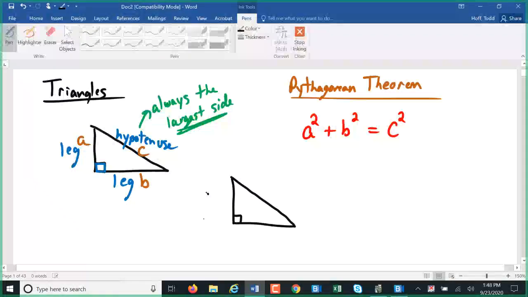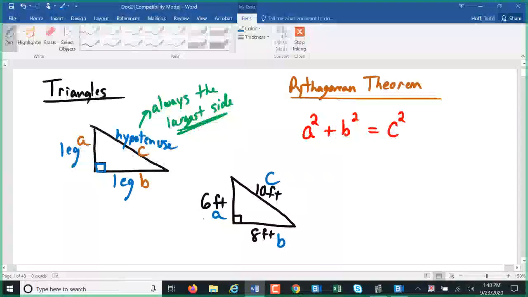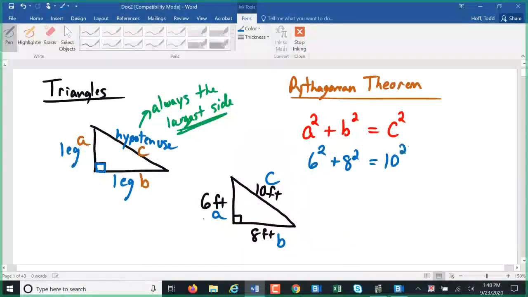So if I have a right triangle here where I have 6 feet, 8 feet, and 10 feet. My legs are the 8-foot and the 6-foot side, so I'm going to call those A and B. My hypotenuse has to be the 10-foot side. That's across from the right angle. So A would be 6 feet, so that's 6 squared. B is going to be 8, so that's 8 squared. Has to equal C is 10, so that is 10 squared.